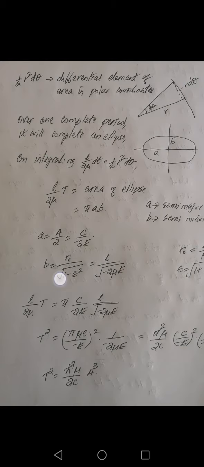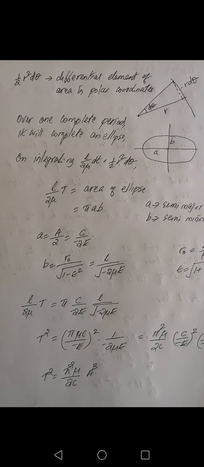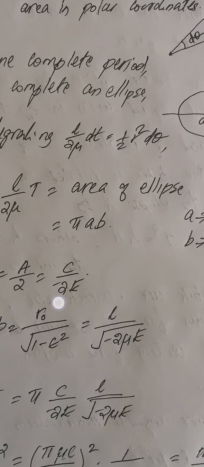So if you complete this over one period, it will constitute an ellipse. Over one complete period, it will complete an ellipse. So integrating our equation L by 2 mu times dt is half r squared d theta, the left hand side dt becomes T, the period.